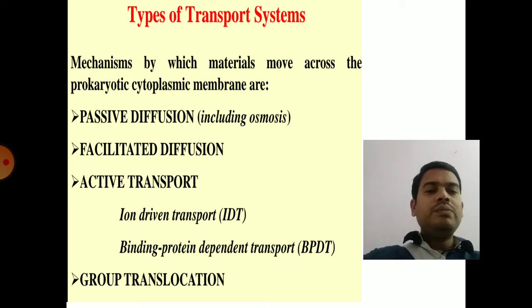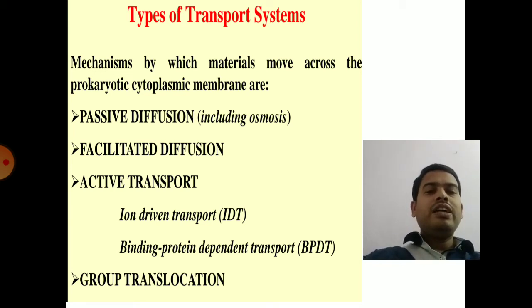Passive diffusion, or simple diffusion, is from higher concentration gradient to lower concentration gradient. In facilitated diffusion, the solute particles are transported with the help of a transporter. And active transport is of two types: ion driven transport and binding protein dependent transport. In active transport, the transport is with the help of energy.